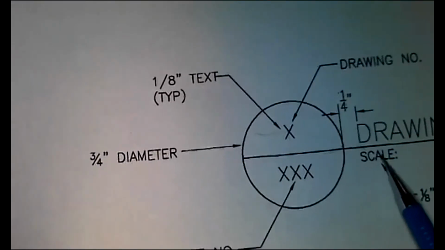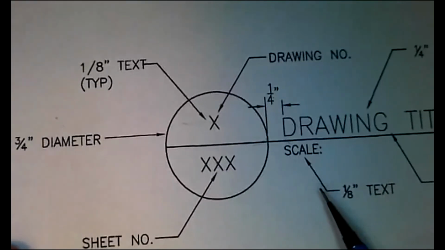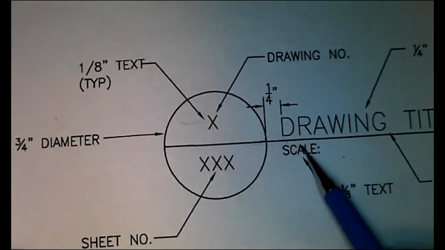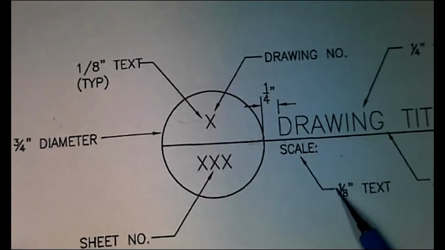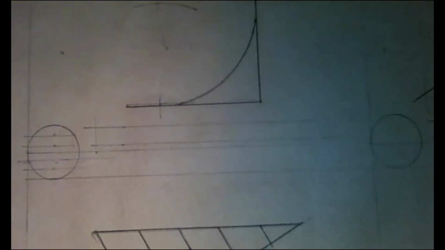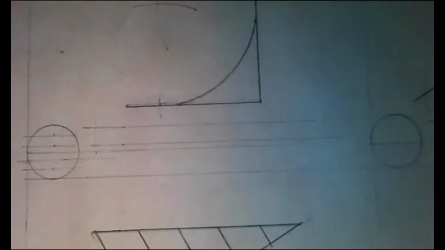I need to now lay out the guidelines for the word scales, so I can write the scale there. It's line 1/16, and we see that this text here is 1/8 of an inch high. 1/16 space, 1/8 of an inch. So let's get the right scale here.